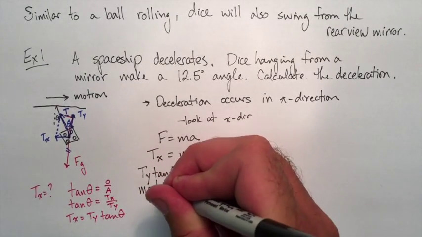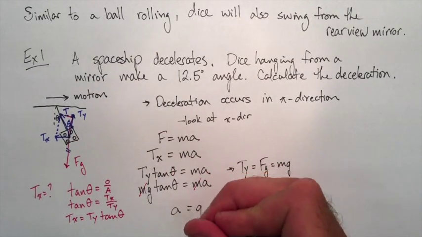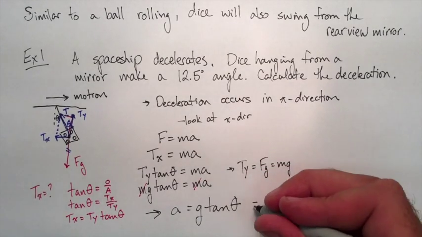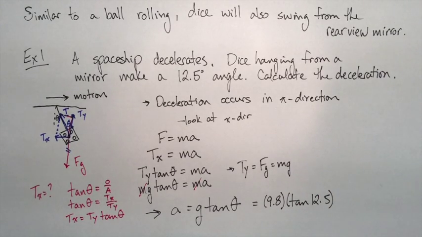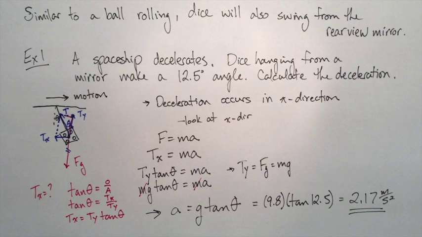We can sub that in, and we notice here there's an m on each side, they're going to cancel. So the acceleration of the dice is going to be g times tan theta. So here 9.8 times tan of 12.5 degrees. Acceleration is going to be negative 2.17 meters per second squared.